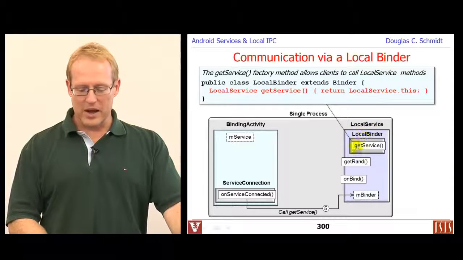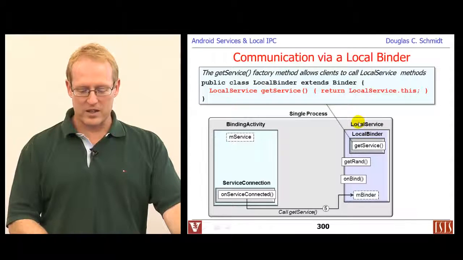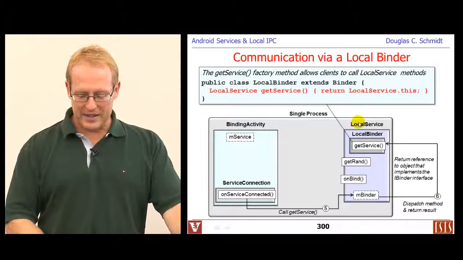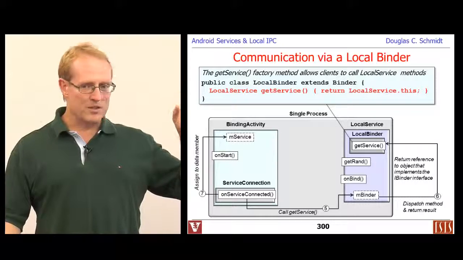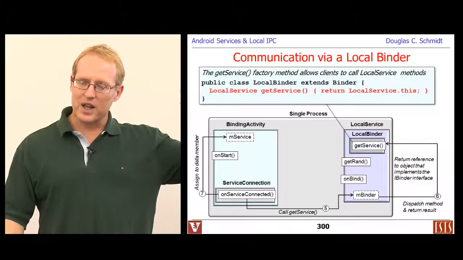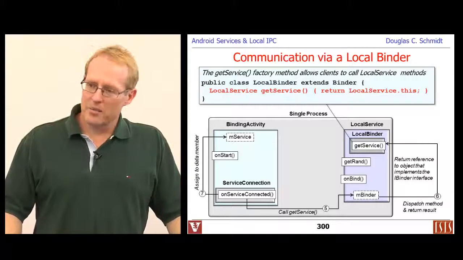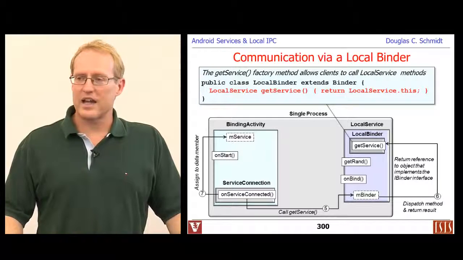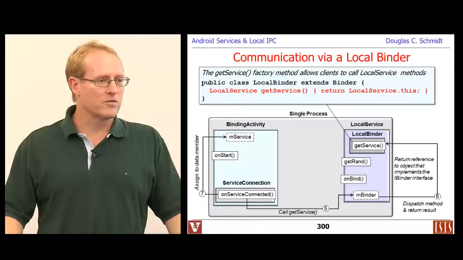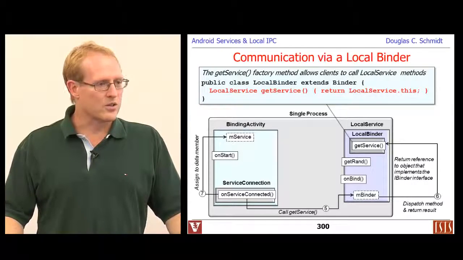So you can see here the LocalBinder has a method called getService that returns a reference to the address of the local service, being the thing that encloses this. Then that reference gets stashed away on the client side as a callback. So you'll end up with a reference that the client stores, and the client activity will then use that in order to invoke an operation that's defined on the local service.